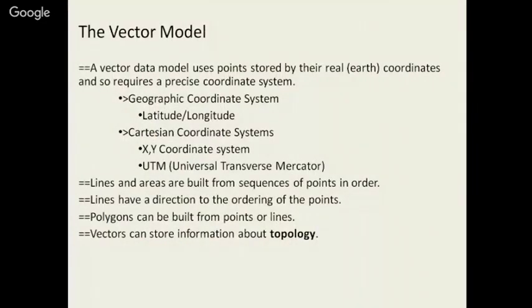A vector data model uses points stored by real coordinates, and so requires a precise coordinate system. We use the geographic coordinate system, which is already there, with latitude and longitude, and another form called the Cartesian coordinate system, in which we use different reference points. We can locate something with reference to the xy coordinate system.